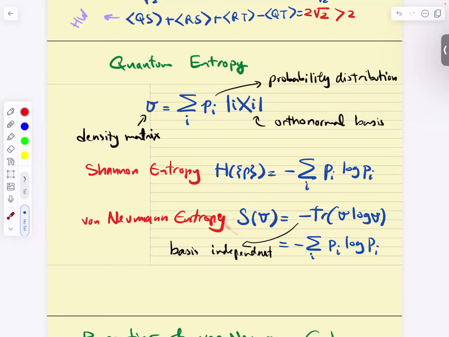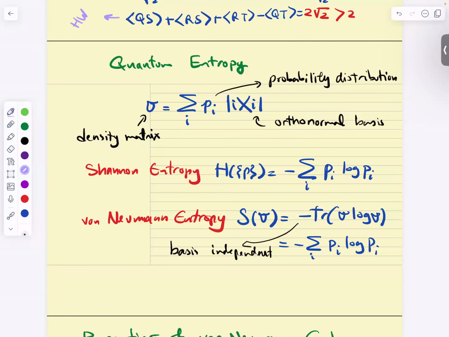So S of sigma, we define it to be minus trace of sigma log sigma. Now, plug in this form, and here you recover Shannon entropy. But why didn't I define it this way? Because this is basis dependent, whereas this is basis independent. Good.